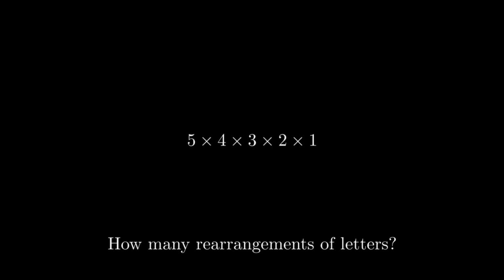Since each of the slots is independent of one another, we can just multiply the numbers in each slot by each other to get the total number of ways. This will give us a total of 5 times 4 times 3 times 2 times 1 total arrangements. We can write this product using factorial notation as 5 factorial.